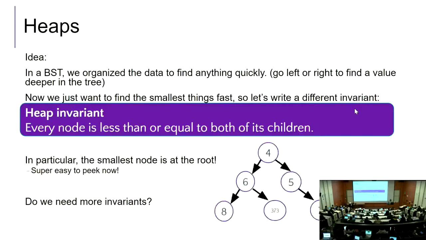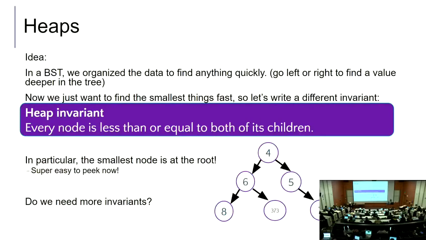So here is an example of a heap where 4 has 6 and 5 as its children, which works totally fine. Both 6 and 5 are larger than 4. And then if we look at 6, 6 has children 8 and 373. Totally fine, because those children are larger than 6. 5 has the child of 7, which is larger than 5.